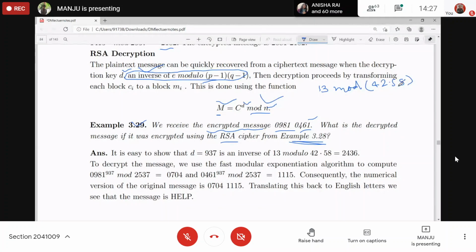And this is giving you 2436. Clear? So what is the inverse of 13 in modulo 2436? In the last class only, we have verified that 937 is the inverse of 13 in modulo 2436. Yes, we did this one.